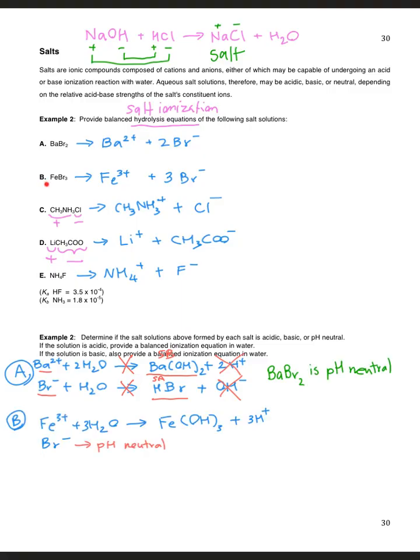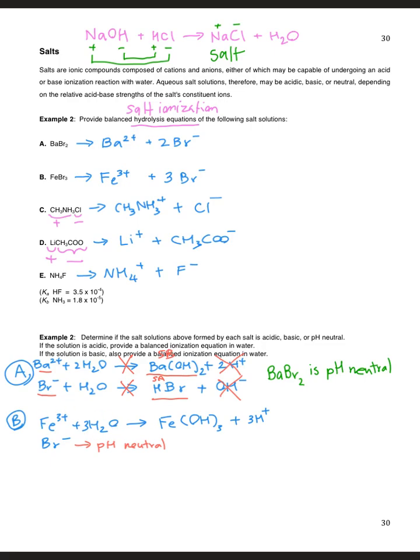Next, let's take a look at the next salt, which is iron bromide. You can see that if you react the iron ions with water, this is the equation that you will get. Because we already did the analysis for bromide, bromide ions are pH neutral. So the only thing that would determine pH would be the result of the reaction between iron ions and water.